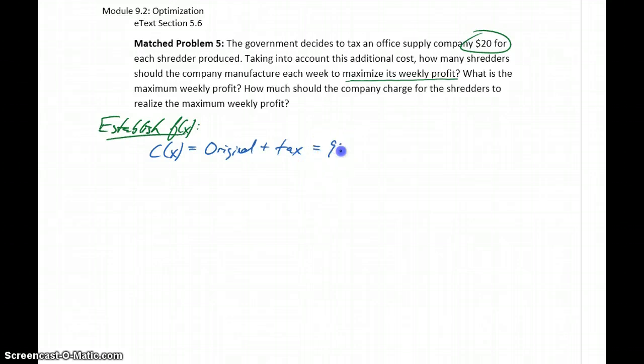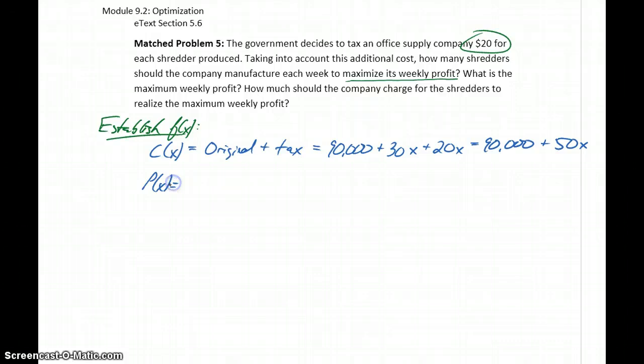So that'll be 90,000 plus 30x, which was the original cost equation, and now we're adding on this additional $20 per shredder. So our cost equation is now 90,000 plus 50x.